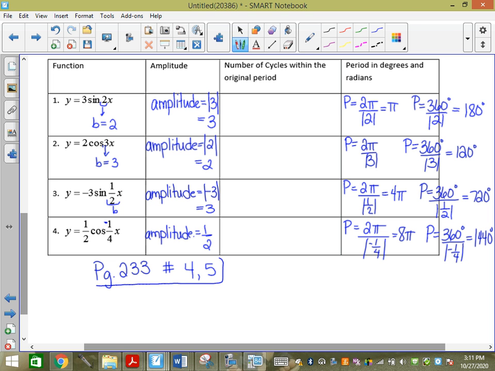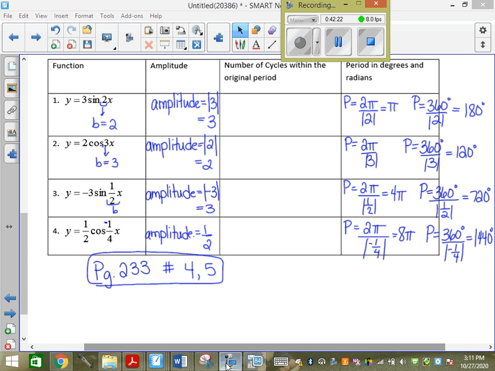Number 5, you don't have to sketch them. It says to sketch, don't sketch. 4 and 5. So that's very little. So you can work on the other things.